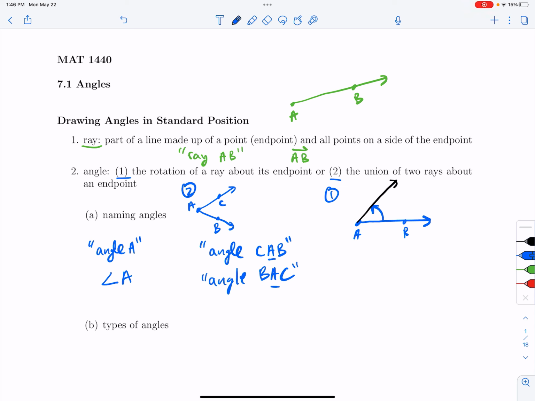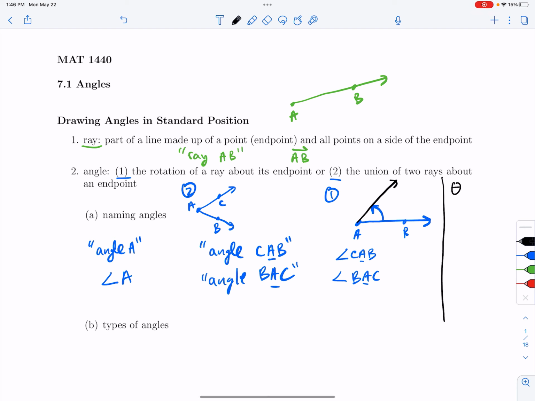Lastly, we can use the angle symbol. So I could say angle CAB or angle BAC, and again we want the vertex to be the middle letter there. We also often will use Greek letters for our angles.